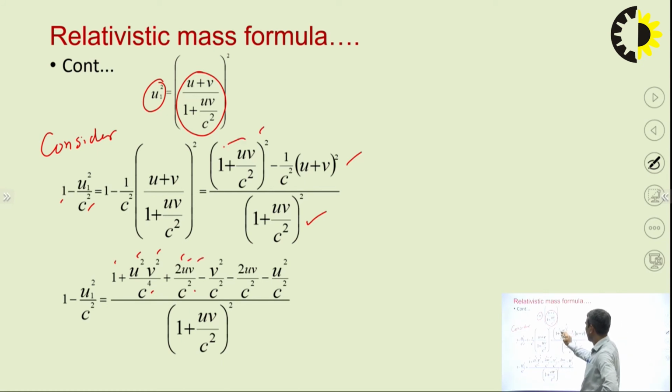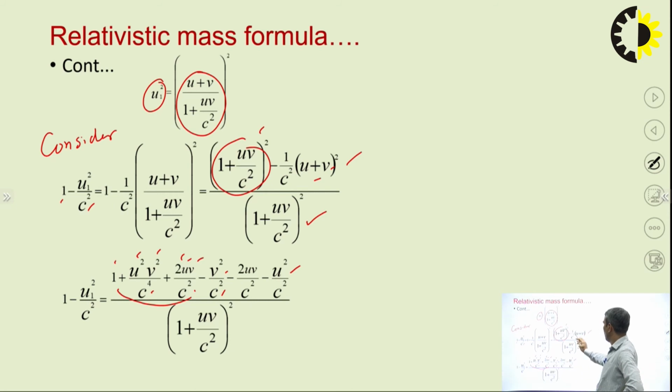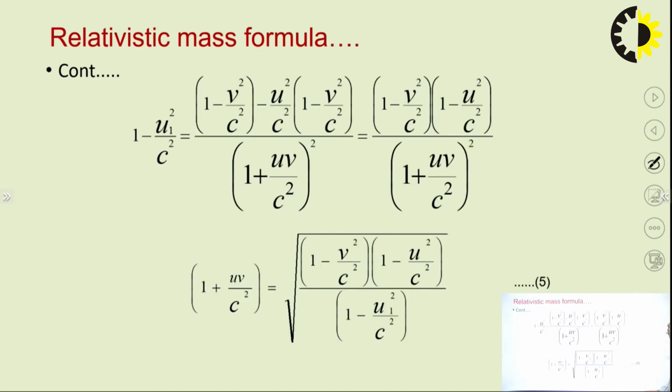In the second bracket, u square by c square is the first term, v square by c square the second term, minus 2 u v by c square. So, the term 2 u v by c square gets cancelled. So, we get 1 minus u1 square by c square is equal to 1 minus v square by c square minus u square by c square. So, these two are common.